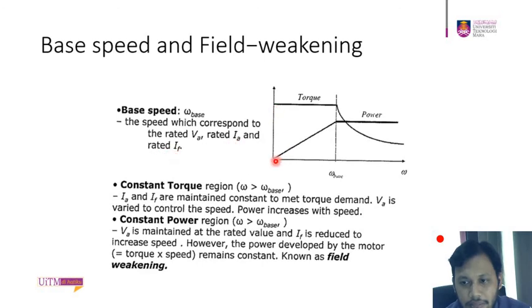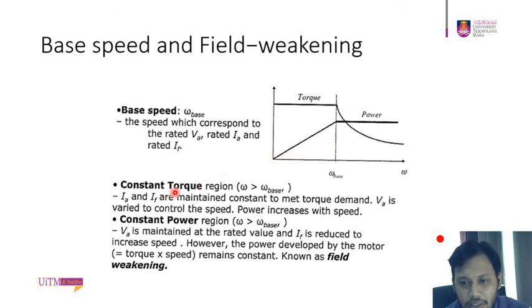So here, for example, this is speed to torque, or speed to power. This will be the base speed region, and it will follow the corresponding rated Va, rated Ia, and rated If here.